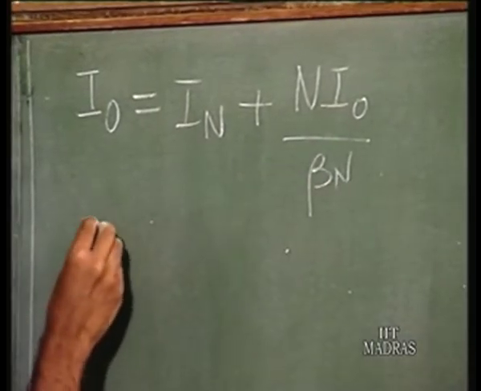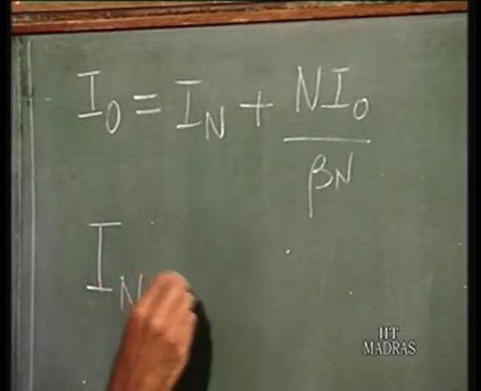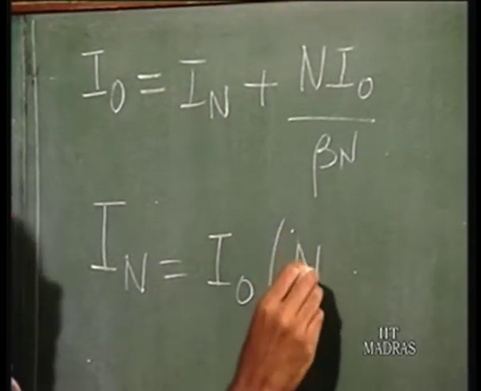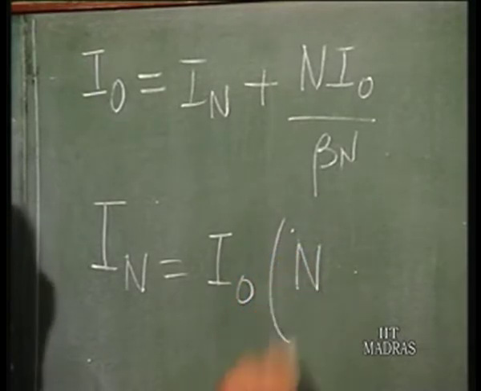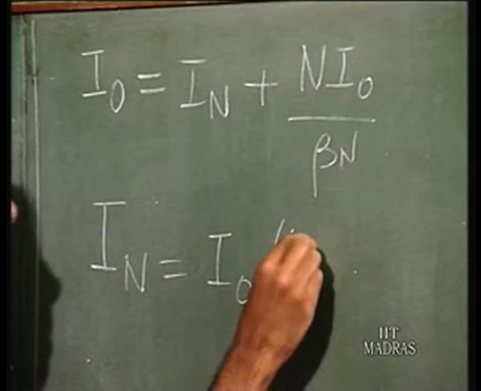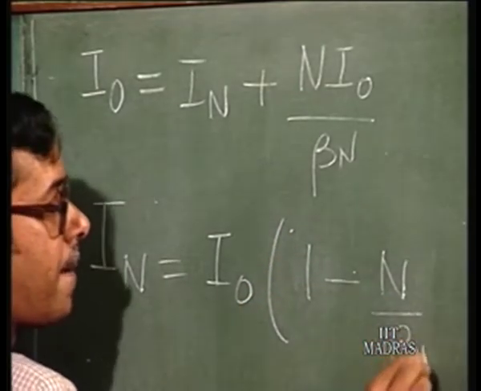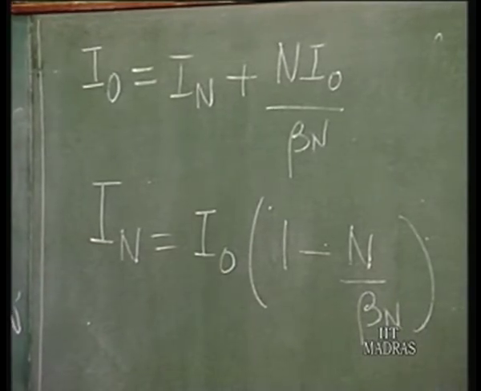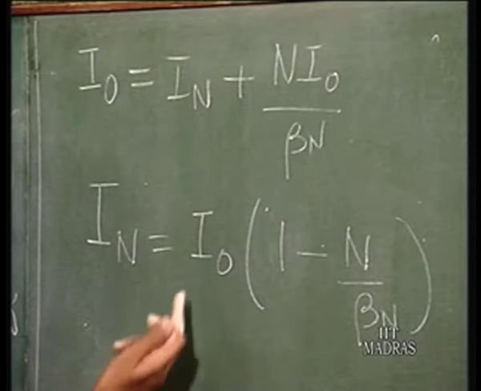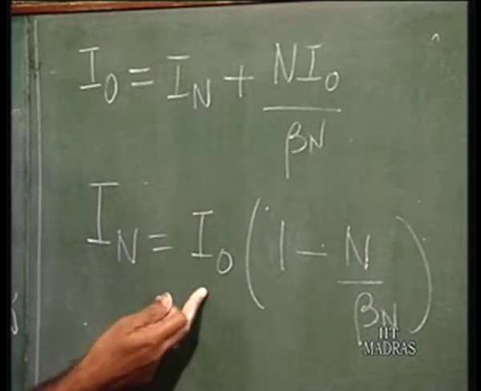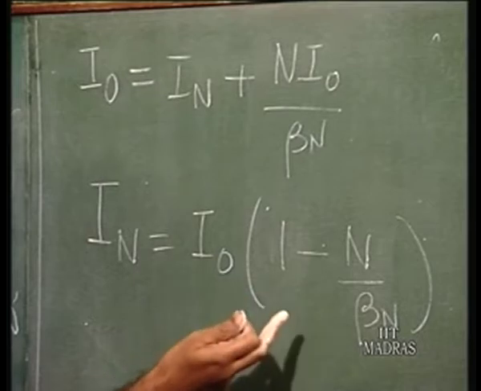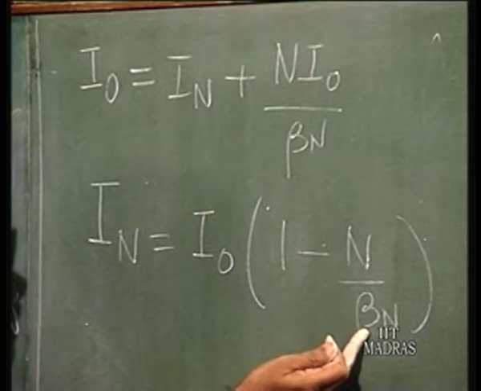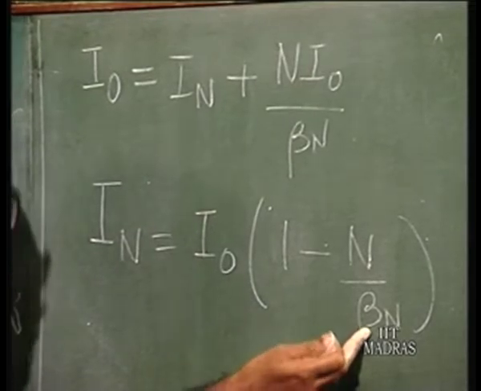So, we have I n equals I naught times one minus n by beta n. Again it is proportional to I naught, and the noise margin is going to be larger when of course beta n is large compared to n.